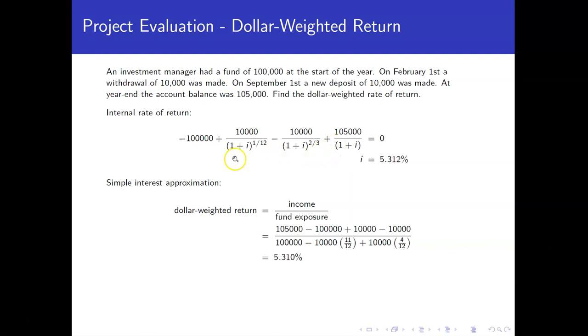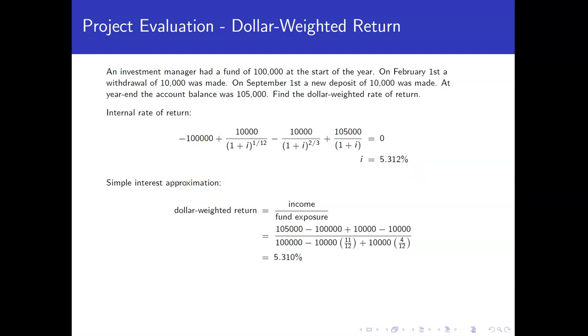Or you could use a computer algebra system or the like and get 5.312% for the interest rate. Now again, this would be a very difficult problem to solve by hand. Since these time periods are so short, the simple interest formula is almost as good of a value as the actual value as far as an approximation goes.